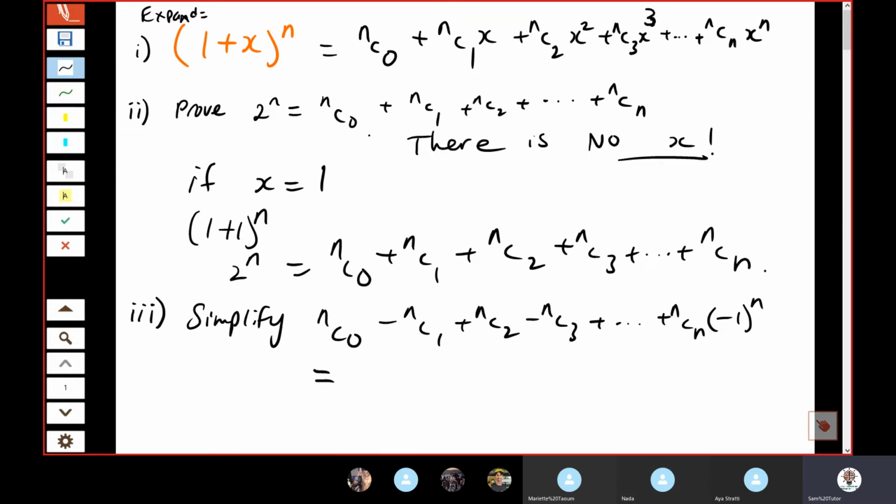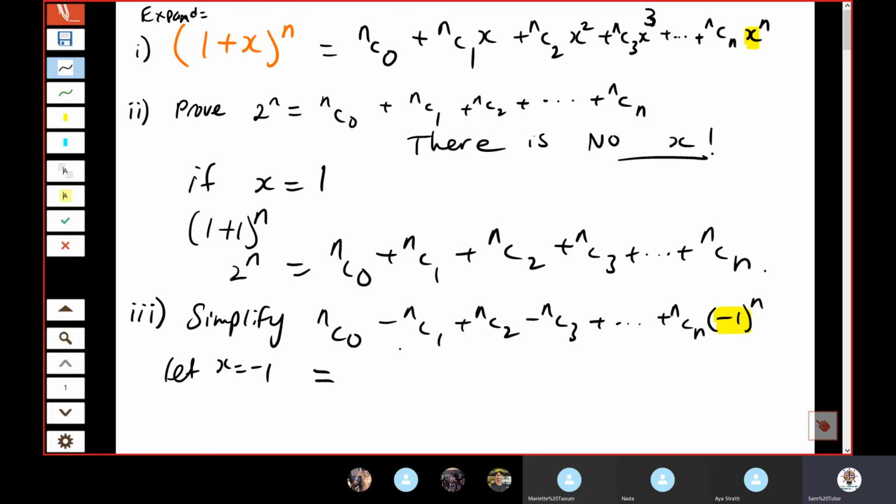Right, so you can see if you compare nC0, it was positive, and then it became a negative, then a positive, then a negative, then a positive, and then the last one, what happened? Straight away, what can you say x is? x is negative 1, and that's what happens.